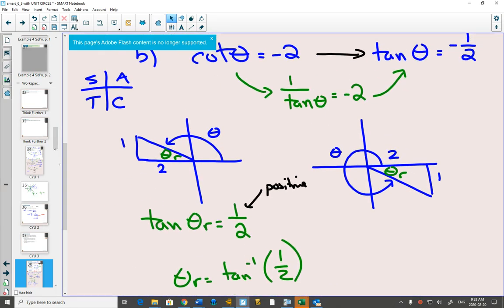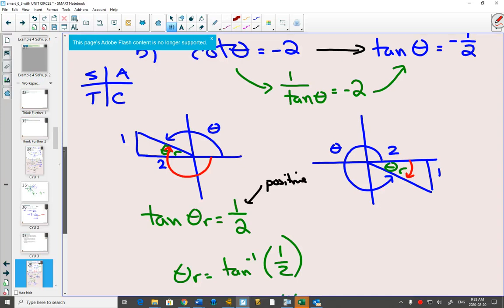If we look back at this question, it said from negative 2 pi to 2 pi, so we also have to think about our negative angles as well. So our negative angle in quadrant 2, can you see that you could go 180 plus your reference angle in degrees? So in radians, it will be pi radians plus your reference angle.